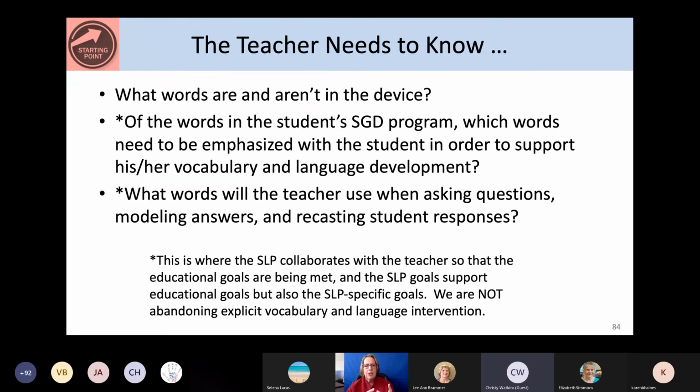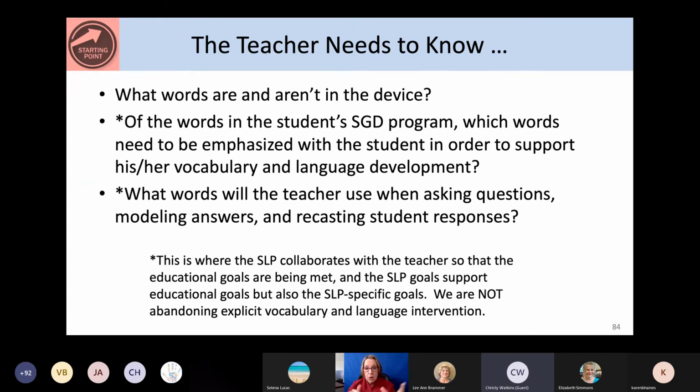So we're always going back to understanding that we're going to collaborate so that by working on these words on this chart, I can work on what's important to me as a speech pathologist, learning this core vocabulary. But you are also having your goals met on being able to meet your educational goals. And just because I have the teacher modeling these words in their lesson, she's going to model with kind of a pray and spray. Nothing systematic about it.